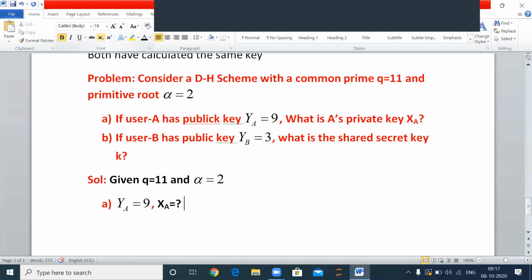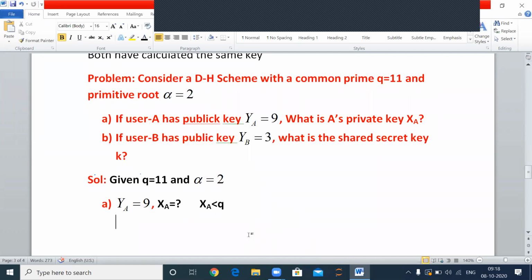You know how to choose the private key of user A. In the theory, in the Diffie-Hellman key exchange algorithm, user A has to choose his private key less than the prime number, right? Here, the user A public key is given, so we have to calculate the private key of user A.